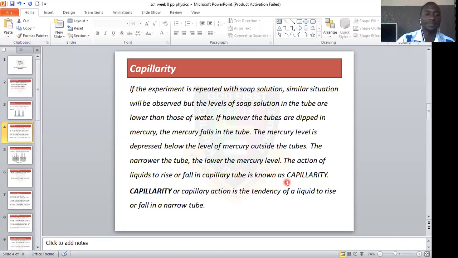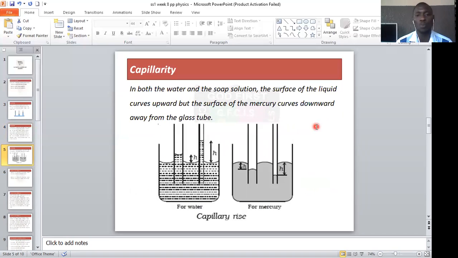Look at this note extension. It says in both water and soap solution, the surface of the liquid curves upward, that is, in a concave shape. You can notice this probably when you are drinking your soft drink. Put your straw deep inside your soft drink or bottle, and you notice that the liquid rises above the level of the straw.